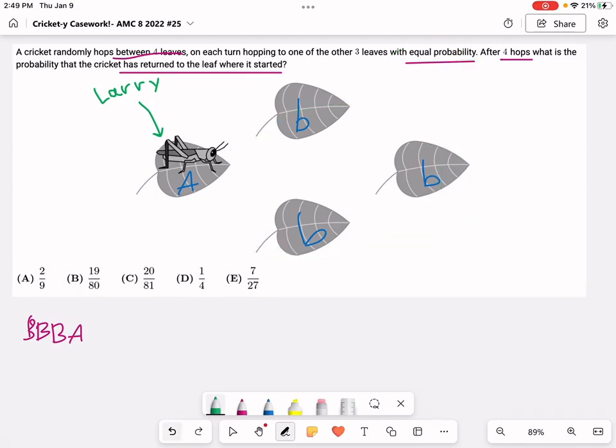So we can just denote all of this as one case. Let's do this in green. B, A, B, A. He hops to one of the B leaves, and then he goes back to the A leaf, and then he hops to one of the B leaves and goes back to the A leaf. That works. So that's just going to be our last case.